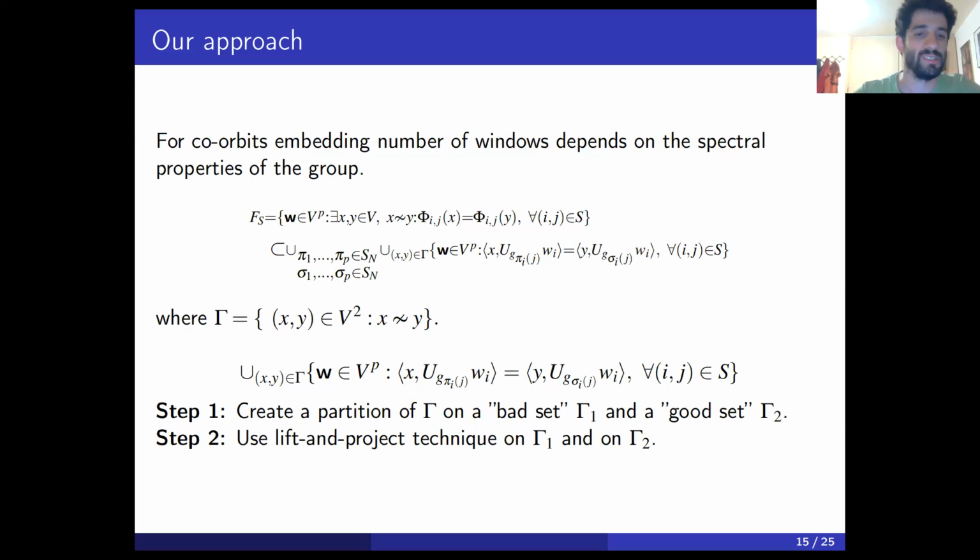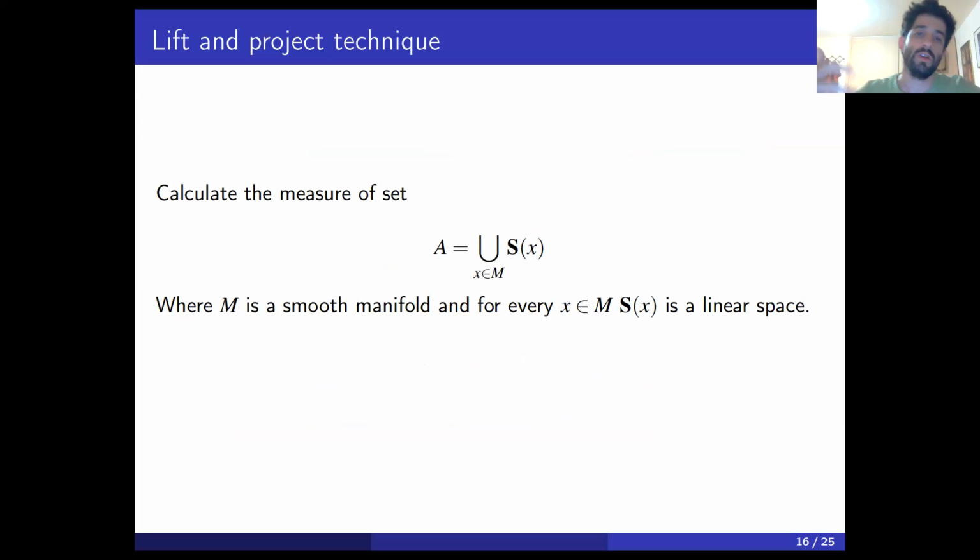Let's also see what the lift and project technique is. Suppose that you want to calculate the measure of a set A that has this form, where it's a union over a smooth manifold, and each S_x is a linear space.